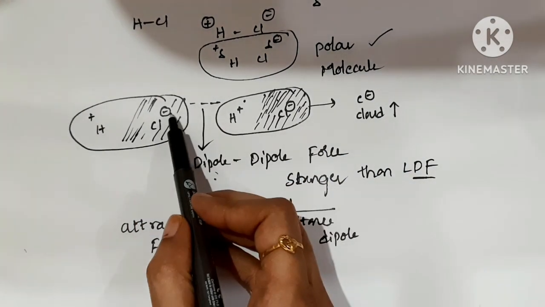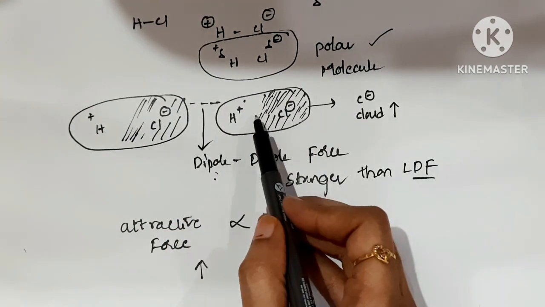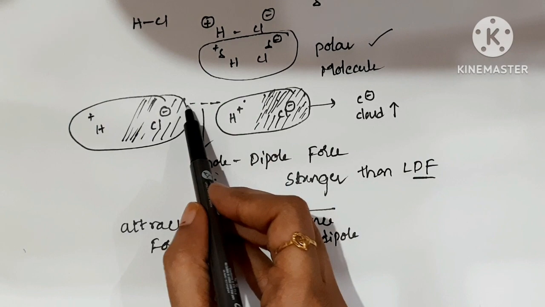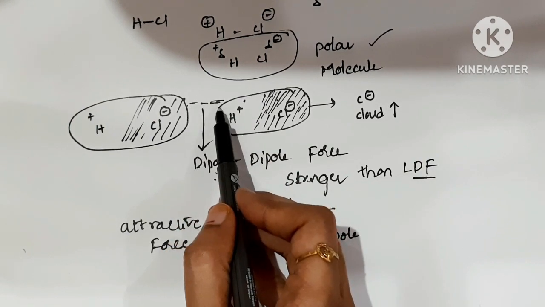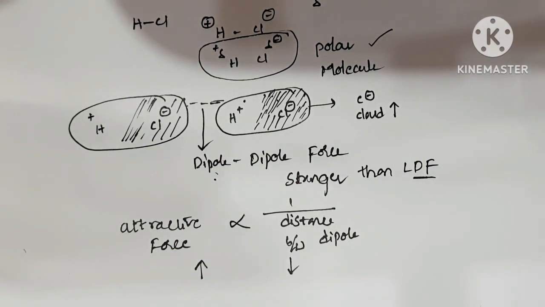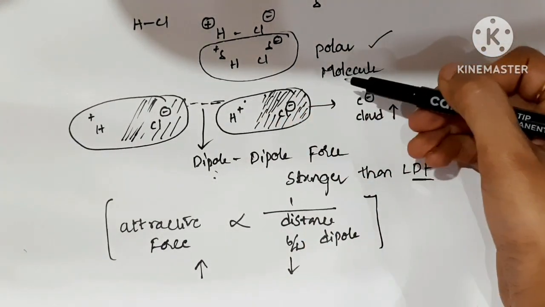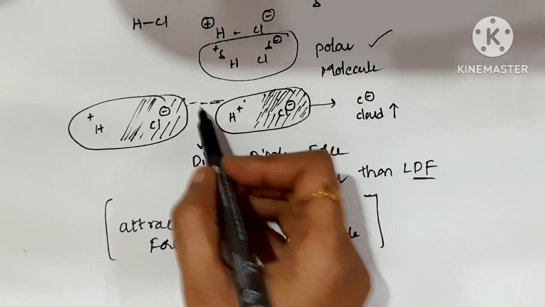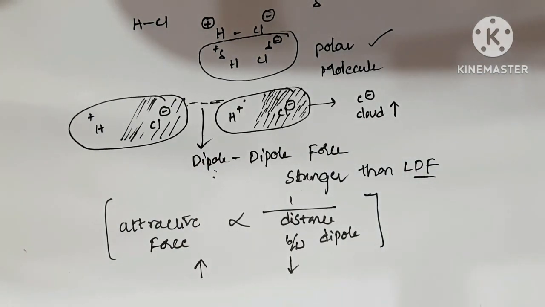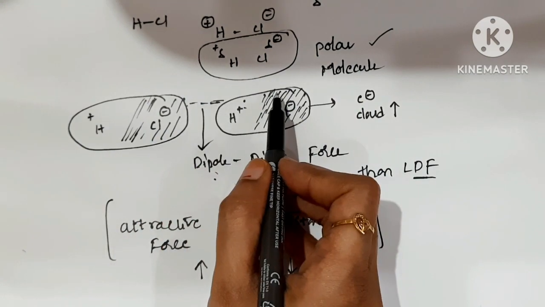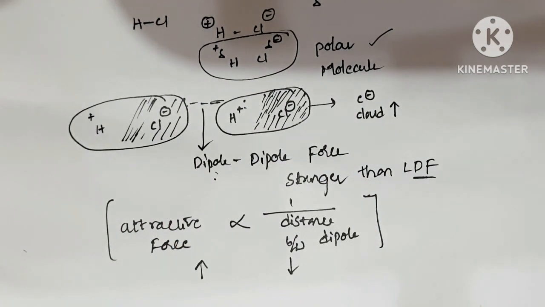The attractive forces between the negative pole of one polar molecule and the positive pole of another molecule depend upon this factor. If the distance between the polar molecules is high, then attraction is low.